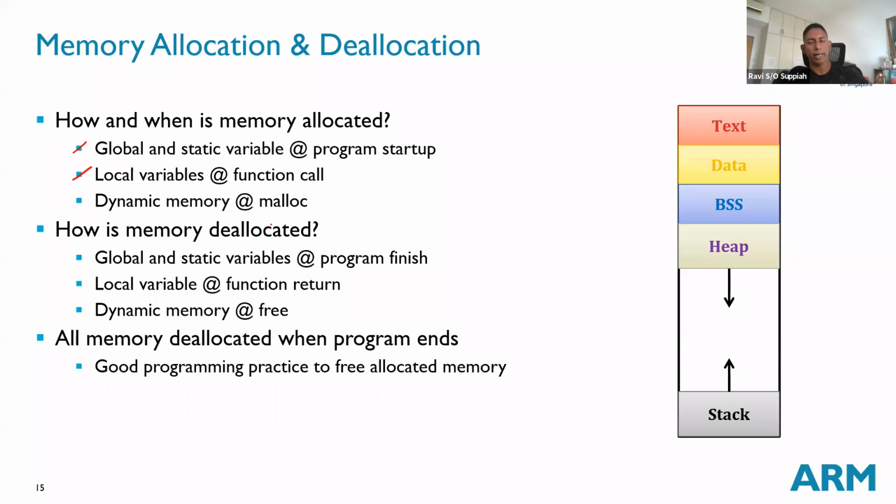For dynamic memory, when you call the malloc function or the free function, you get the allocation or deallocation. Deallocation comes when you finish the program for global and static variables. For local variables, whenever you return from the function, the stack space that was allocated to you is freed up, so you are able to clear those local variables. And finally, for dynamic memory, when you call the free function, you free up the memory.